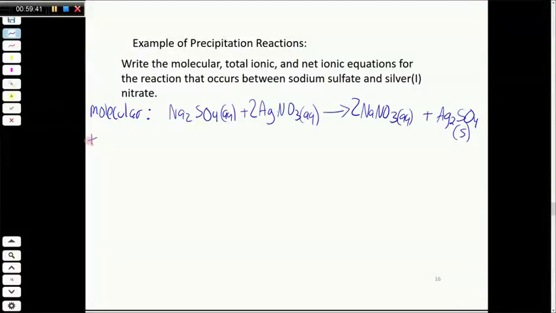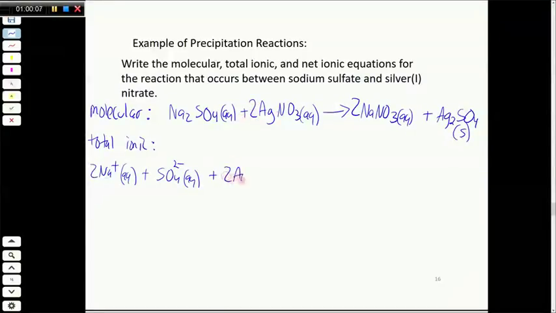Then just like before, for our total ionic equation, we separate these out into ions. Sodium sulfate separates into 2 sodium pluses, because it's Na2SO4, and 1 SO4 2-. These are all dissolved ions on the reactant side. Silver nitrate separates into Ag+ and NO3-, and there are 2 of them, so we get 2 Ag+ aqueous plus 2 NO3-.